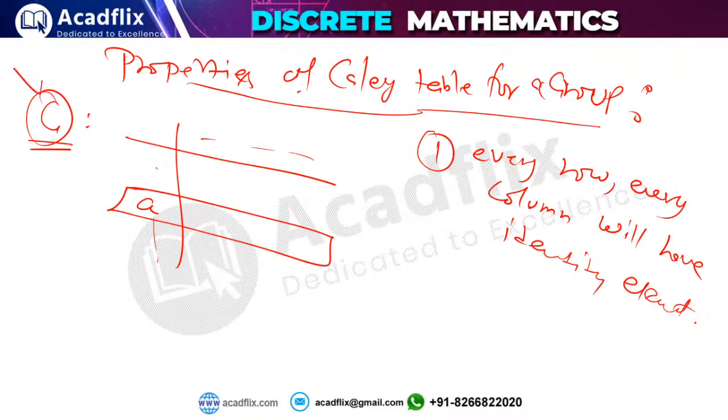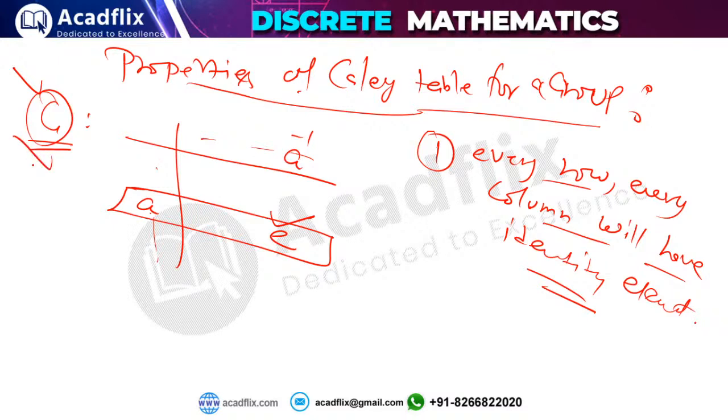Because G is a group, so in G there must be A inverse, because that is the definition of a group. Now when you do A into A inverse, you will get the identity element. So that is the reason that in every row, in every column you will have the identity element, because in a group every element has an inverse.